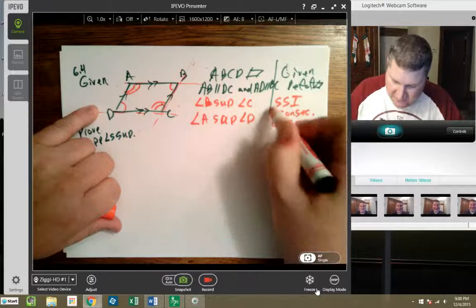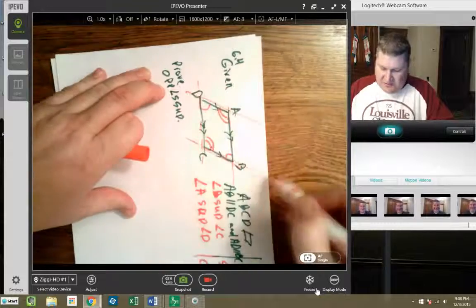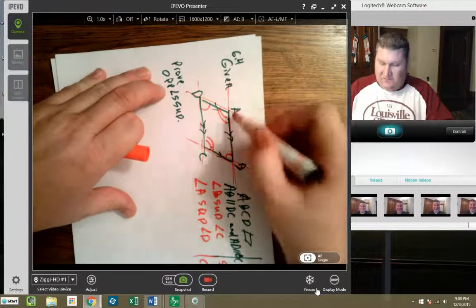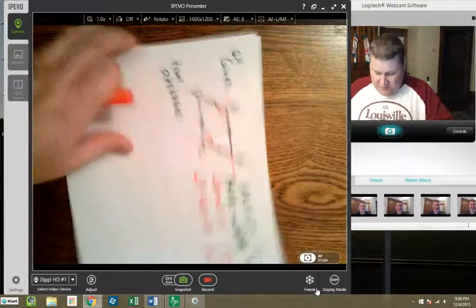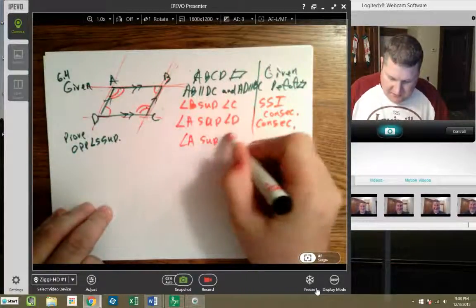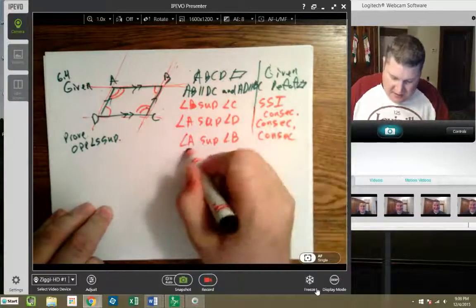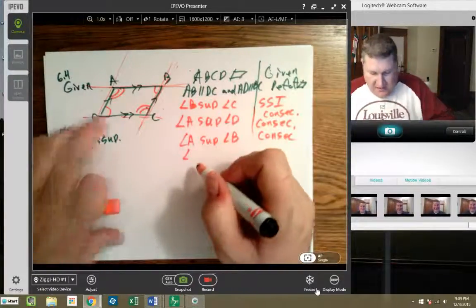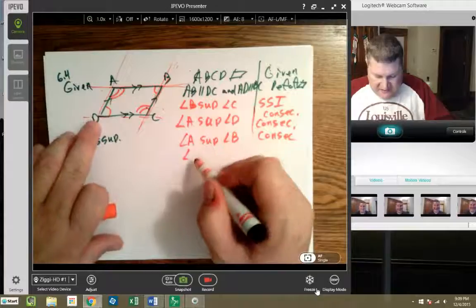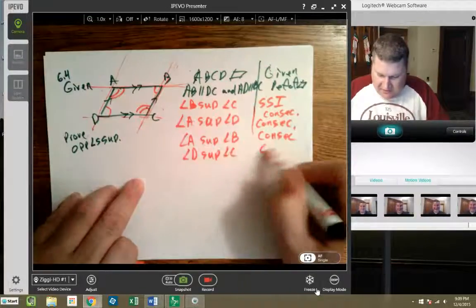consecutive angles. I can also say, if I turn the picture this way and deal with those parallel lines cut by this transversal, angle A is supplementary to angle B, that is consecutive, and angle D is supplementary to angle C by consecutive.